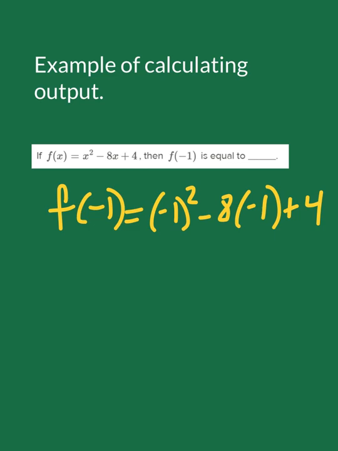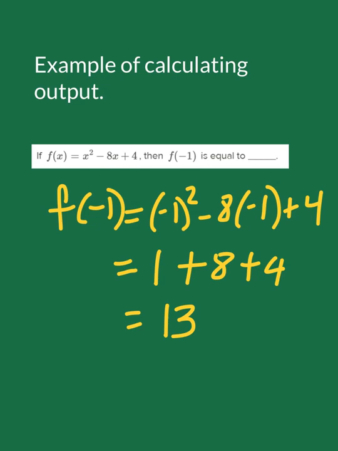Now I need to simplify. Negative 1 to the second power is just 1. Negative 8 times negative 1 is positive 8, plus 4. 1 plus 8 is 9. 9 plus 4 is 13.